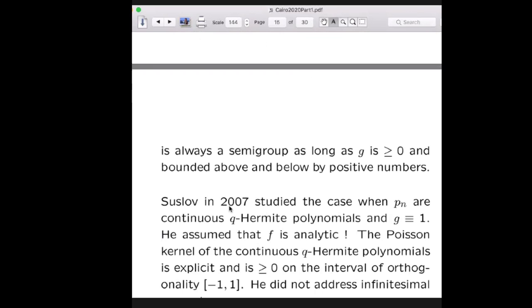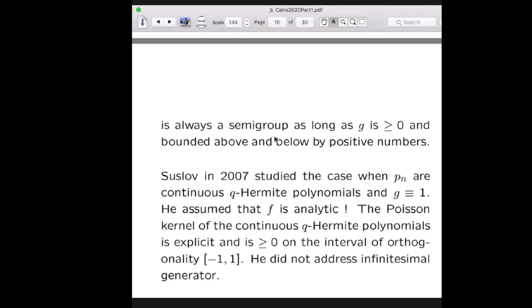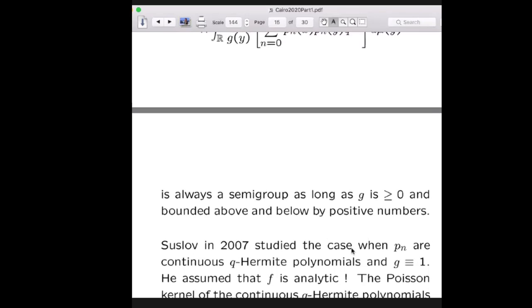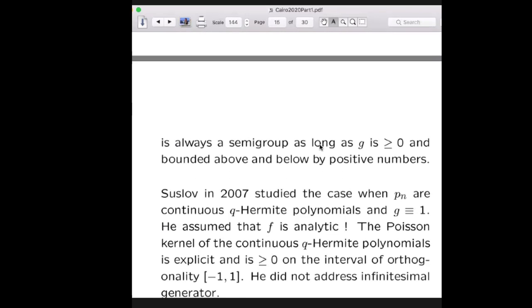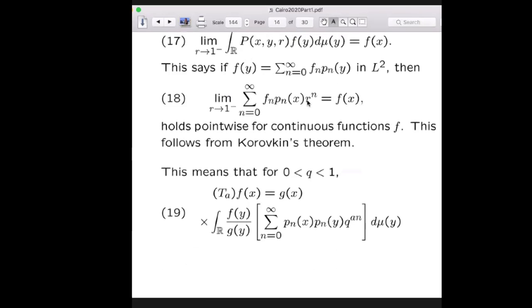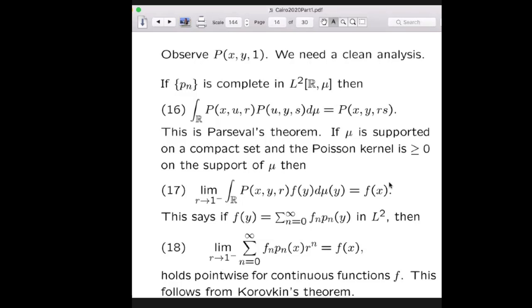And he showed that there is some semigroup involved here. Okay, and the Poisson kernel for the continuous q-Hermite polynomials is non-negative. So this theorem is valid. That's what makes the semigroup go to the identity operator when this parameter goes to 0. It's this theorem.